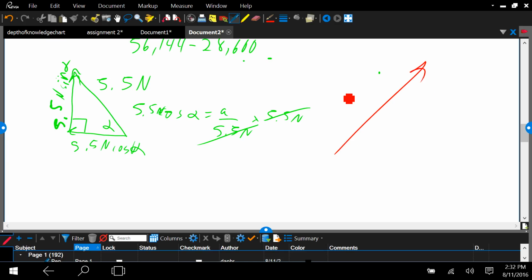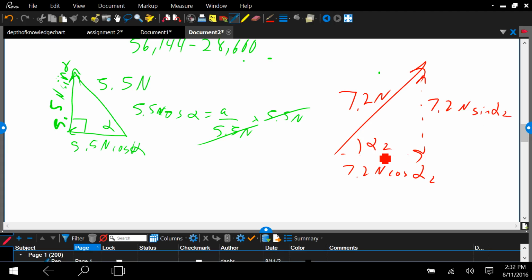Okay, so there's my 7.2. And this side right here is going to be 7.2 newtons times cosine of alpha 2. And this side here is 7.2 newtons times sine of alpha 2, where alpha 2 is the angle right here from the horizontal up to the rope that's going upward.